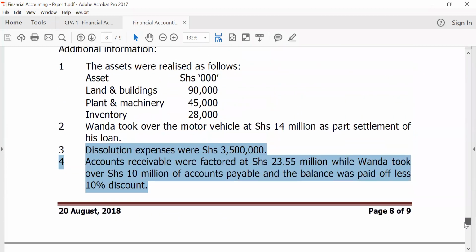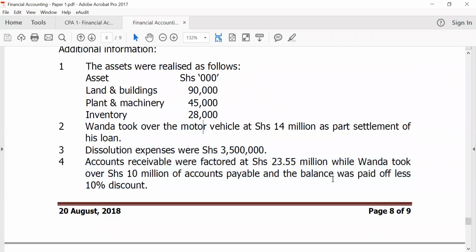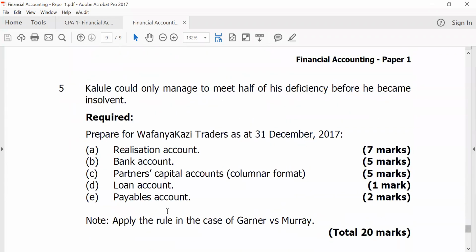Now, what we are remaining with, one of the things that you need to realize is there is an account that we've not balanced off, the loans account. Sometimes you can transfer this to the capital account, because it's an obligation that's existing, or we can pay it off through the bank.